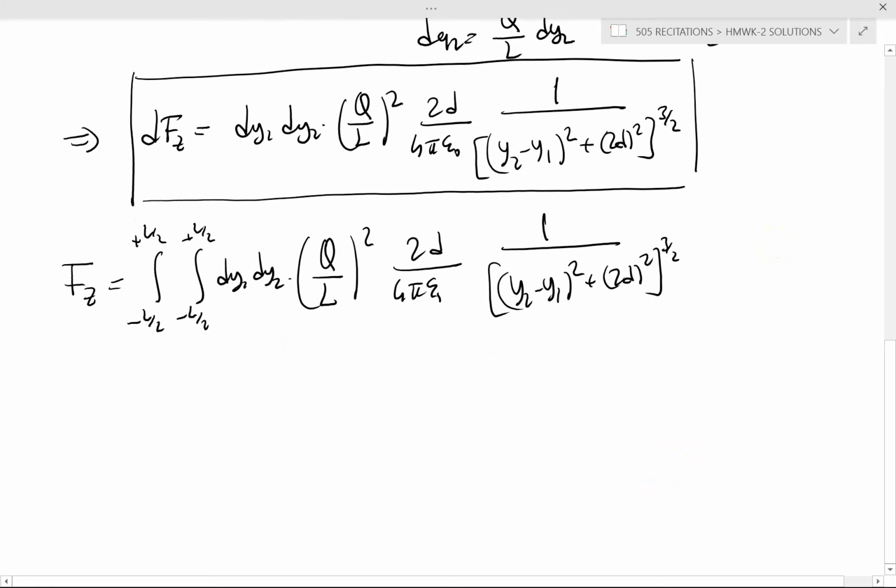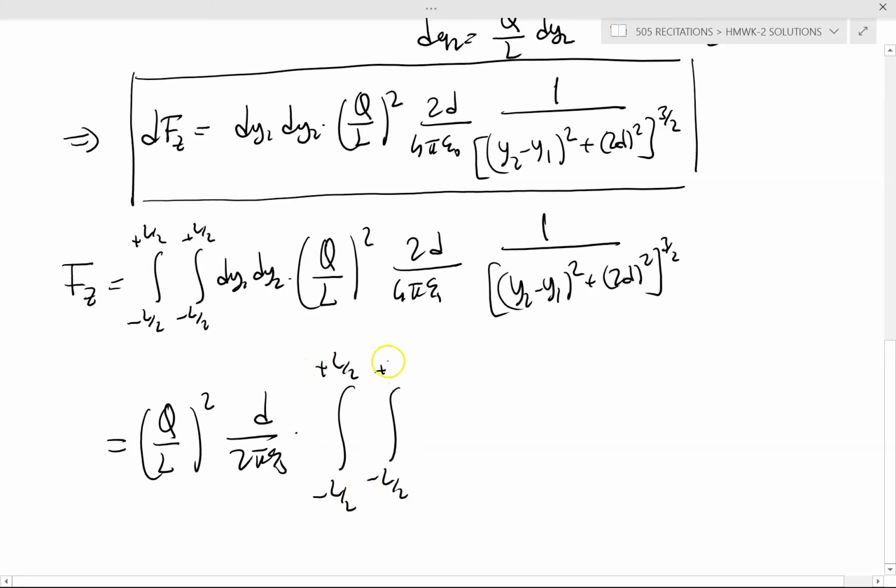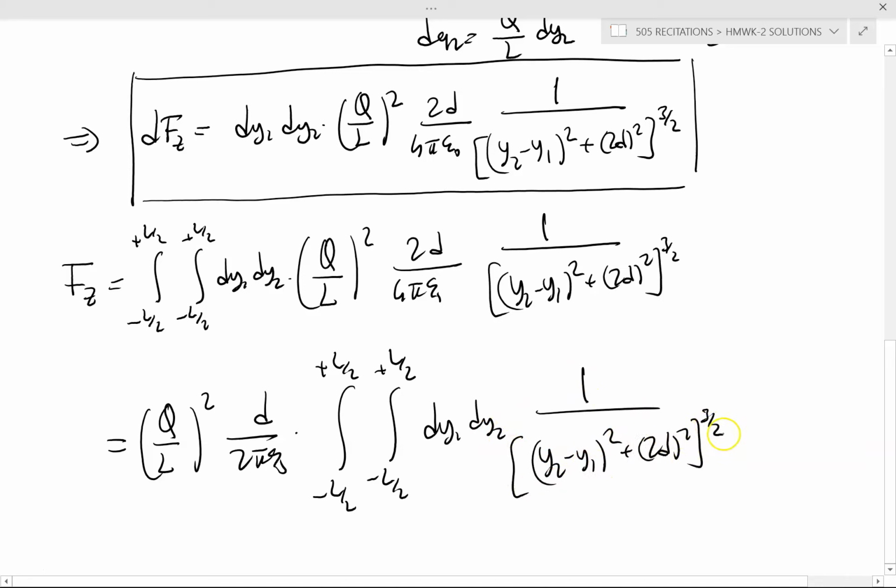Okay, let's proceed further. It is equal to Q over L squared. Let me be quick about it. d over 2 pi e0. You can check the algebra by yourself. Plus L over 2, dy1 dy2, over ((y2 minus y1) squared plus 2d squared) to the power of 3 over 2.